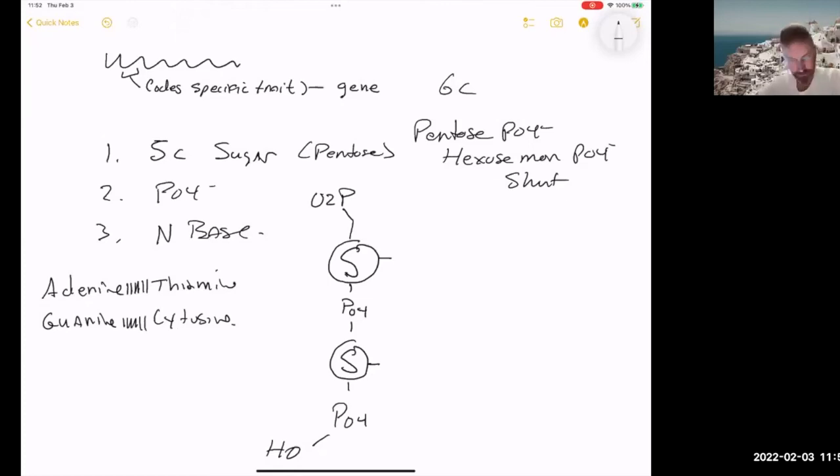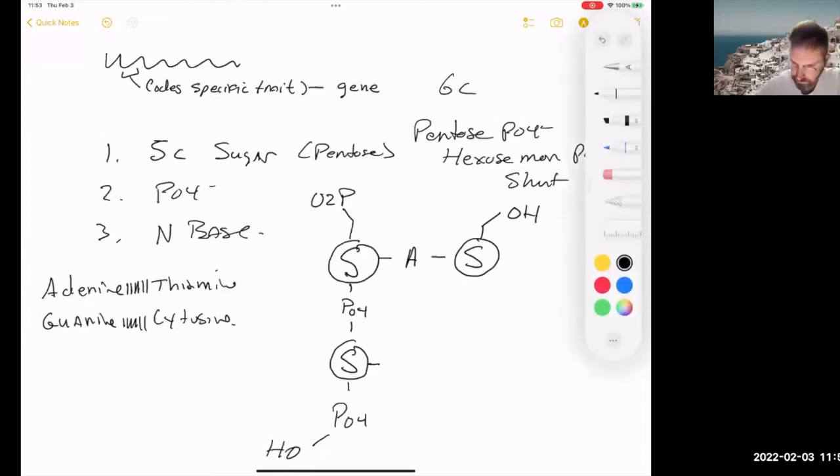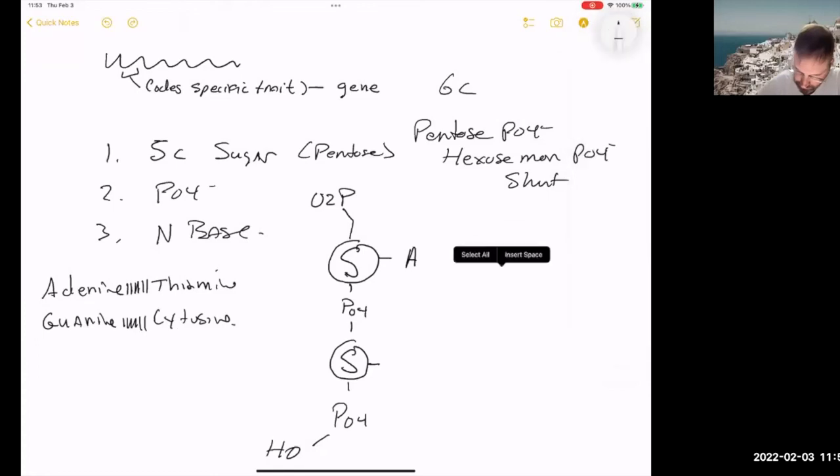So the way that this works is in one part of the strand attached to the sugar, let's say that I have an adenine. So adenine on the other strand, there's the sugar and OH.